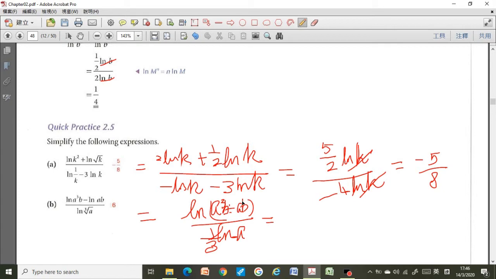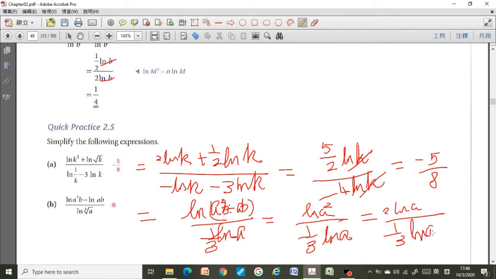By simplifying the expression here, you will get log a square over 1 over 3 log a. You cannot cancel it at this moment. It is not equal to log a and then power 2. So the 2 comes out, 2 log a divided by 1 over 3 log a. This 2 log a cancel and simplify, you get 6.